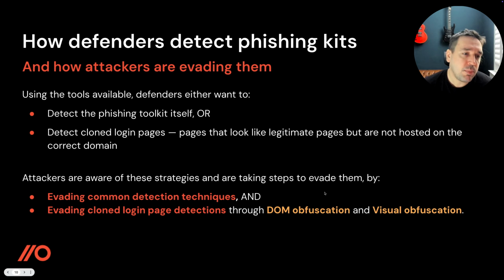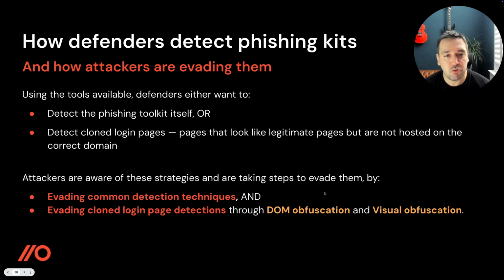Typically, the most common approaches we see is that defenders either try to create some types of signatures to detect the phishing toolkit itself, or, and here's the interesting one, because so many phishing toolkits emulate one of a small number of cloned login pages, the other approach, which is slightly more generic, is to actually detect cloned login pages themselves.